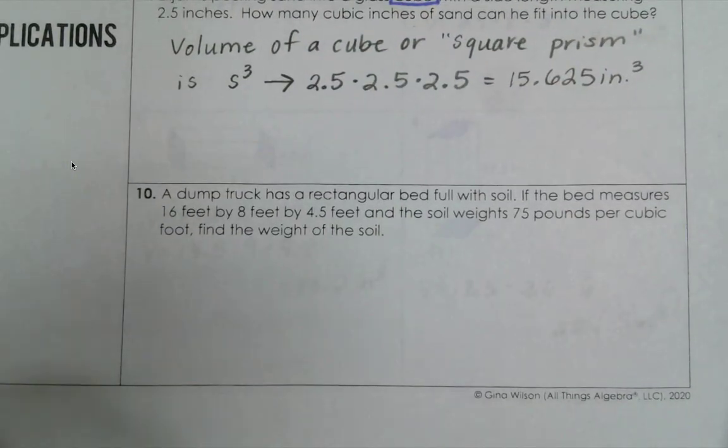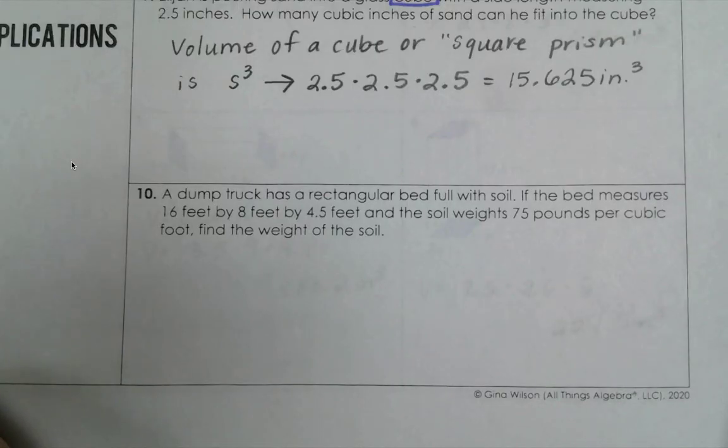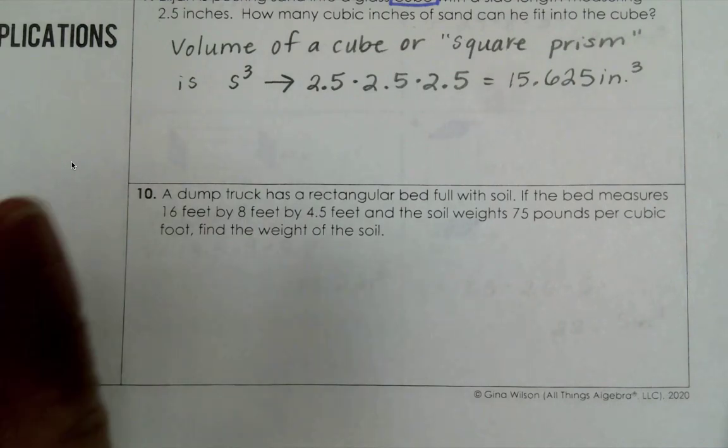Number 10, a dump truck has a rectangular bed full with soil. If the bed measures 16 by 8 by 4.5 feet and the soil weighs 75 pounds per cubic foot, find the weight. Okay, so what we have here is, think of that dump truck, and you have it full of soil, and think if it's leveled out. There's not a space missing, and it's not overflowed.